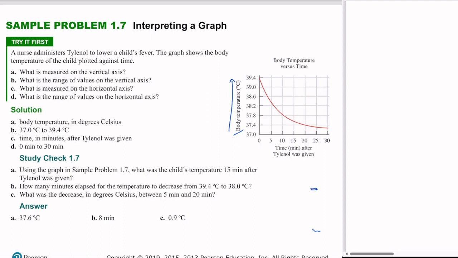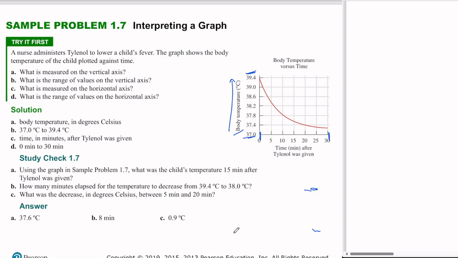The range is going from 37.0 to 39.4 specifically. What is measured on the horizontal axis? On the horizontal axis, we have time in minutes. What are the range of values on the horizontal axis? The range goes from 0 minutes to 30 minutes.